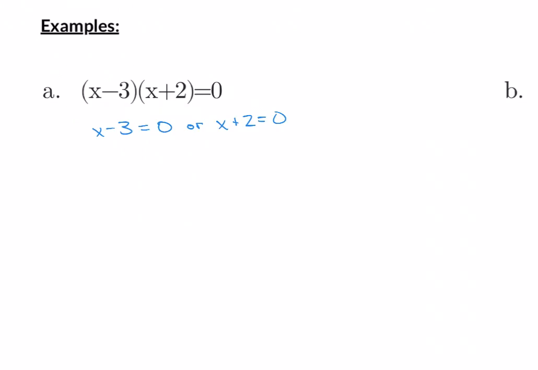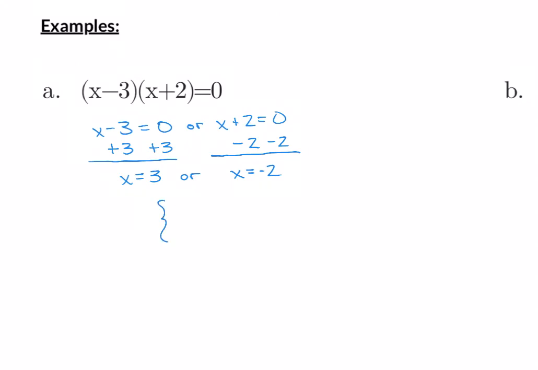These are linear now, and so now we use our rules for solving linear equations. So x minus 3 equals 0. To get x by itself, I want to add 3 to both sides. We get x equals 3, or for the second equation, to get x by itself, I want to subtract 2 from both sides. We get x equals negative 2.